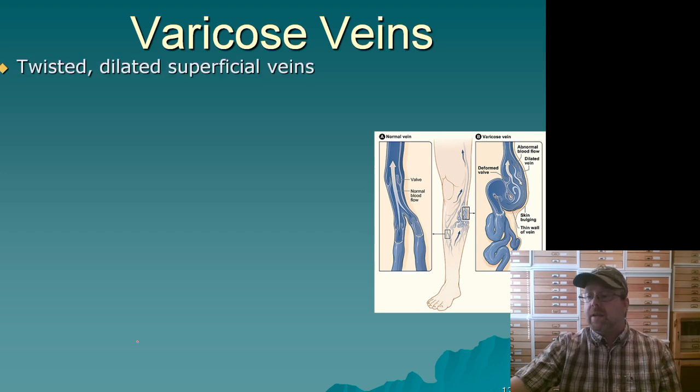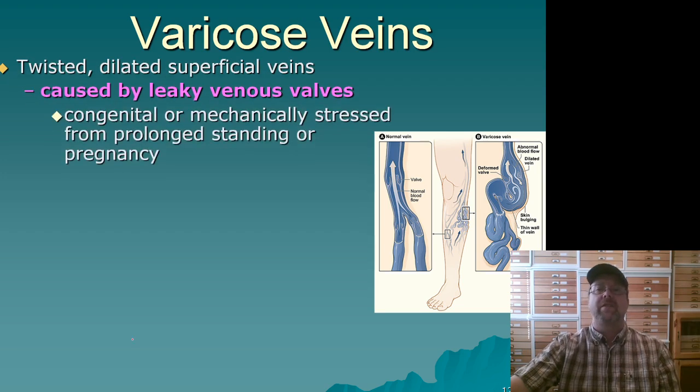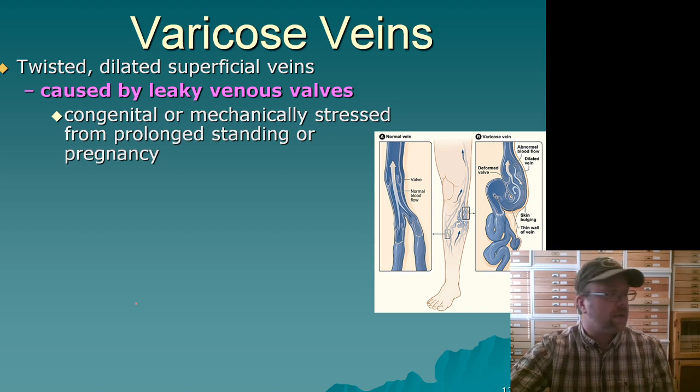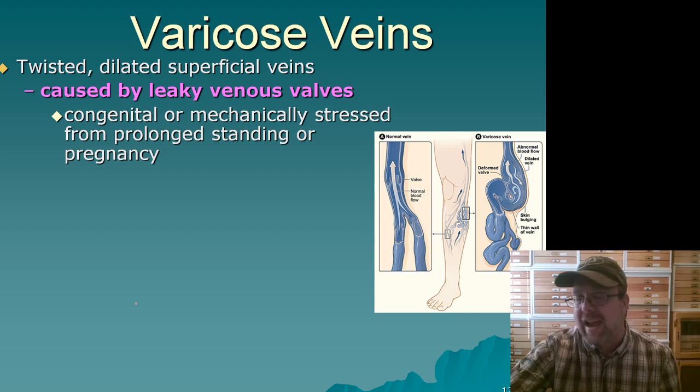Now, to end this video, I want to talk about a problem that can occur with the valves. If the valves stop working properly and they're not pushing blood, we can get what's called a varicose vein. Varicose veins are when these valves become very leaky, all right? And these leaky valves are going to cause blood to pool.